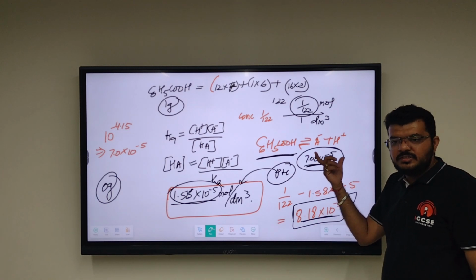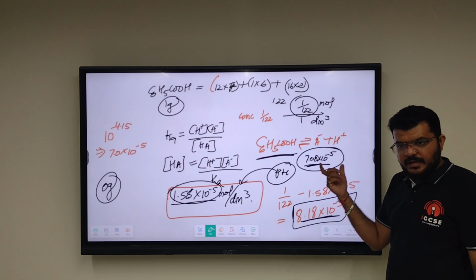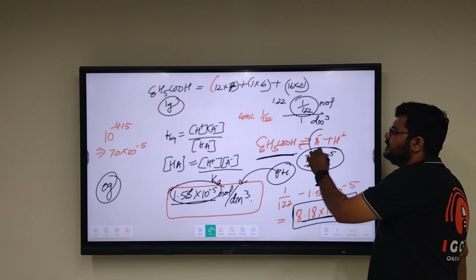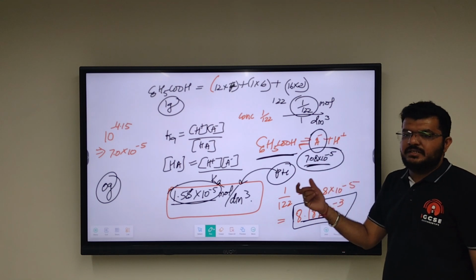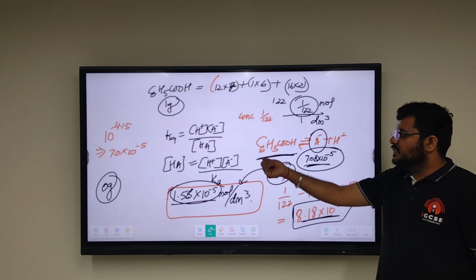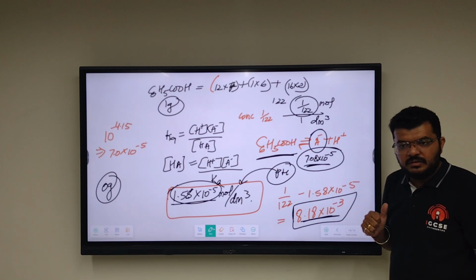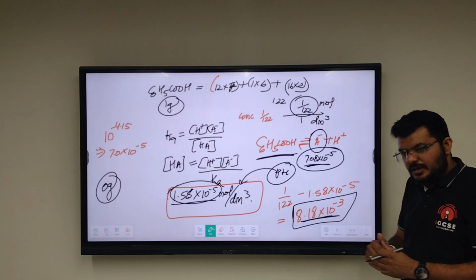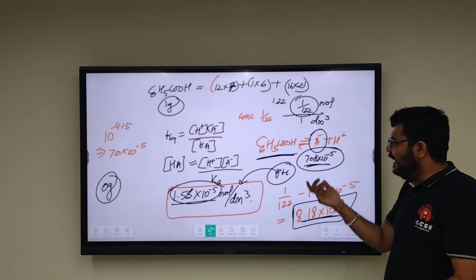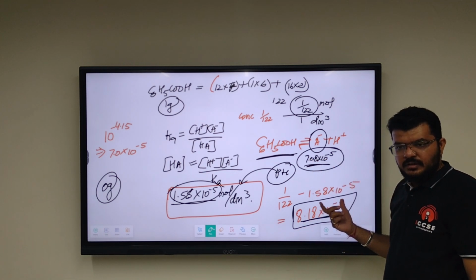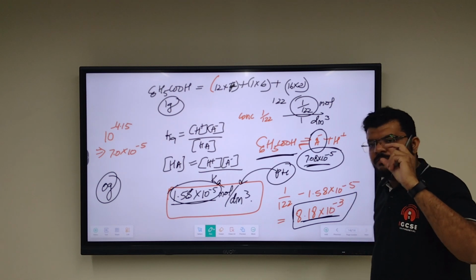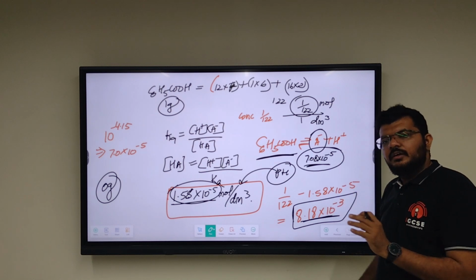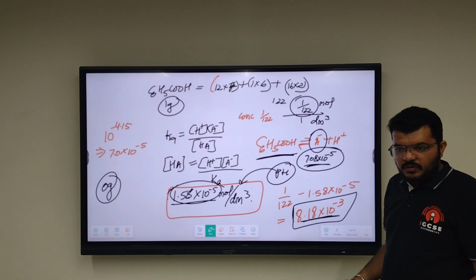The rest of it has made this solution, but this A minus does not come from only the acid, it also comes from C6H5COONa. So however much came from the acid, if you subtract that from the total quantity, you will find out how much came from the salt. That will be the concentration of the salt.